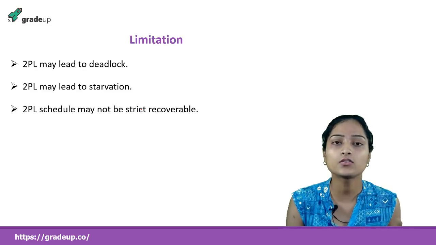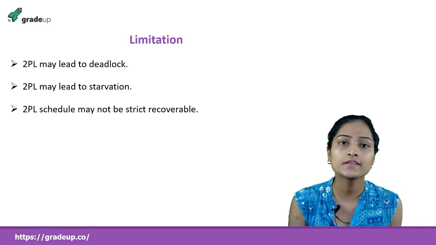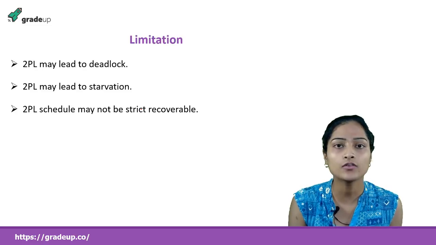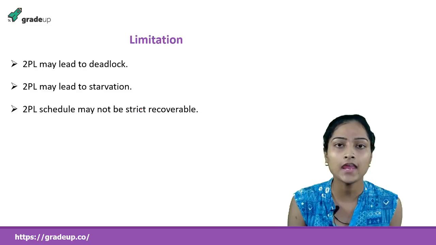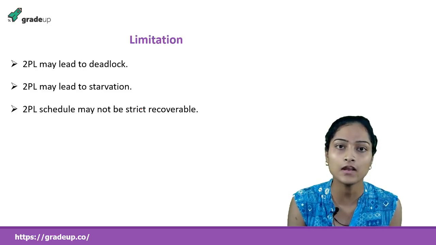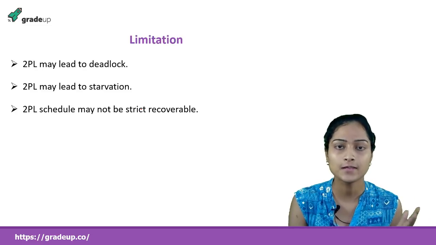Two-phase locking can also lead to deadlock and starvation. Starvation means unbounded waiting for allocation of resources. A particular transaction has to wait for a very long time for allocation of resources. These are some limitations of our two-phase protocol.